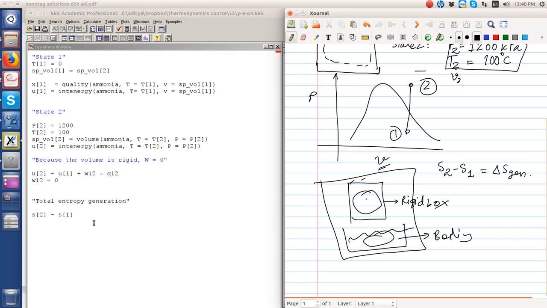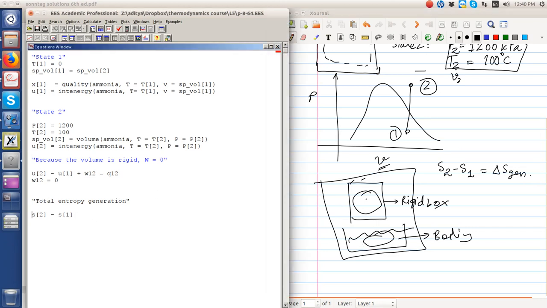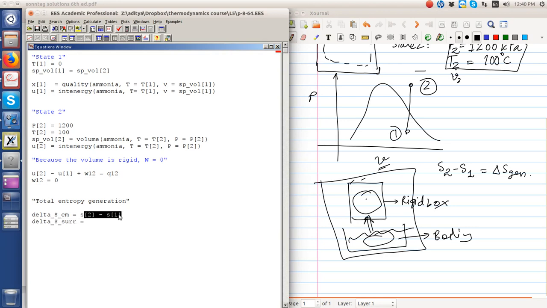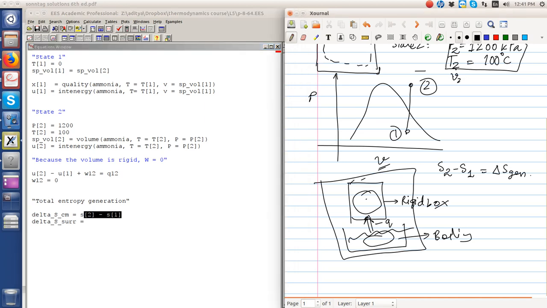The change of entropy of the control mass is this. The change in entropy of the surroundings is equal to the heat lost. Because of this heat transfer, the entropy change of the surroundings will be equal to what?